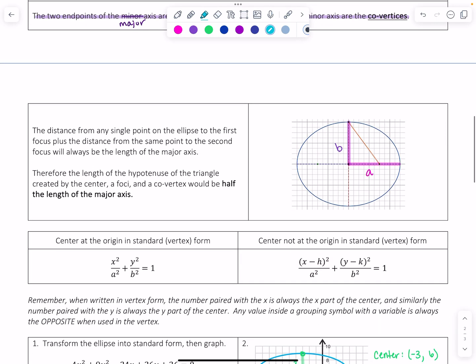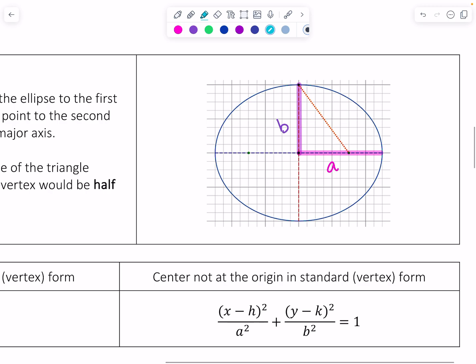All right, so when we're looking at that in general, and we actually go ahead and we, from our foci, go up to the midpoint that we have up here with our minor axis, what we're saying is that, right, this plus this is going to go ahead and equal the whole thing. But those two segments are actually equal to each other, right?